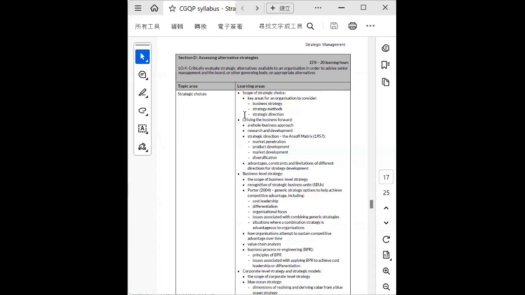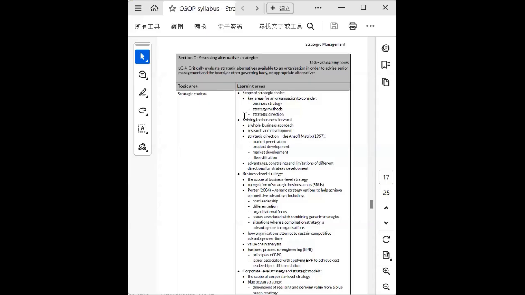So product development focuses on creating new or improved products so as to meet the existing target. Market development entails entering into the new market, and diversification involves new market with new products.